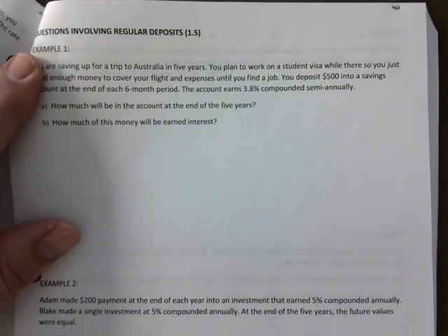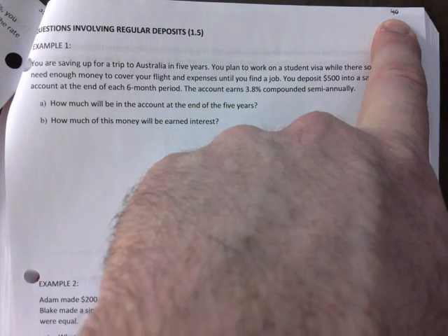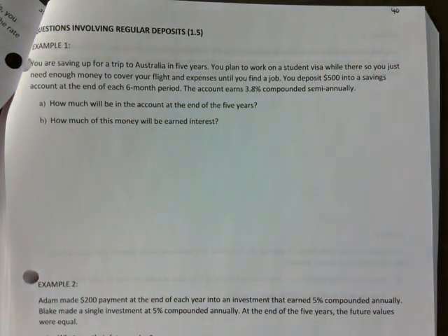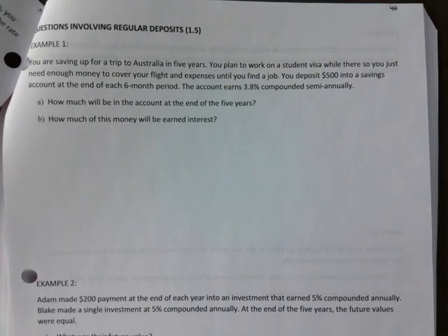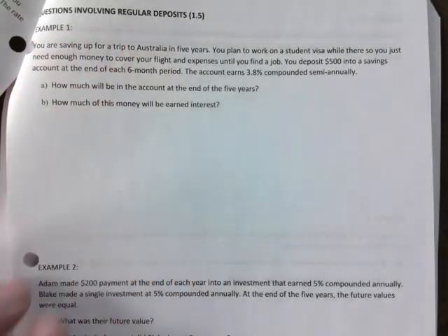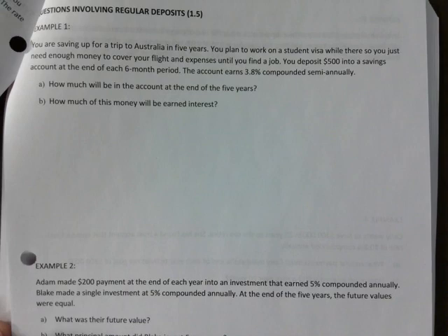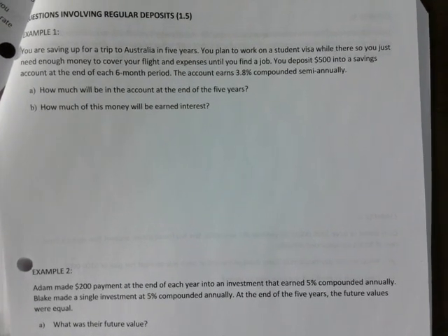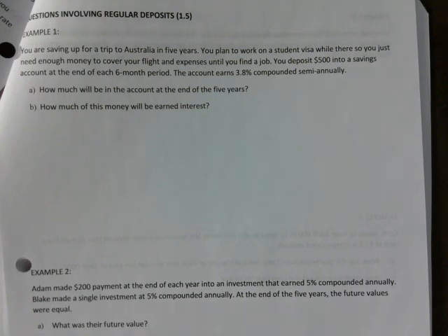Work on pages 40 and 41. The title gives it away that there will be regular deposits here. I find that just dealing with examples with no deposit is a bit too easy. I don't want to spend too much time on that, even though it can happen.